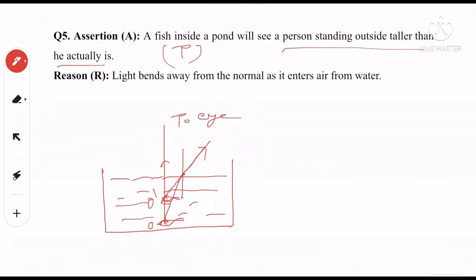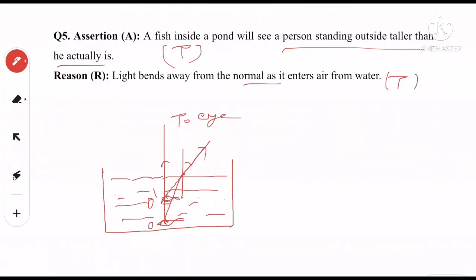So since the ray is traveling from denser to rarer medium, this ray will move away, means the angle of refraction becomes large. So due to this refraction, this is also true. When the ray travels from water to air, it will move away from the normal.